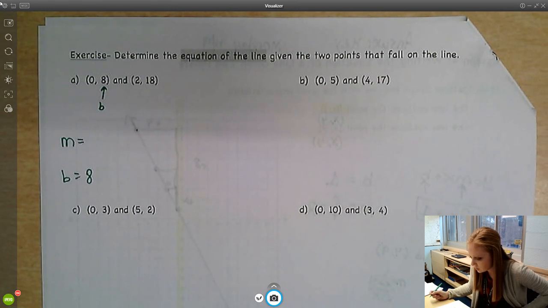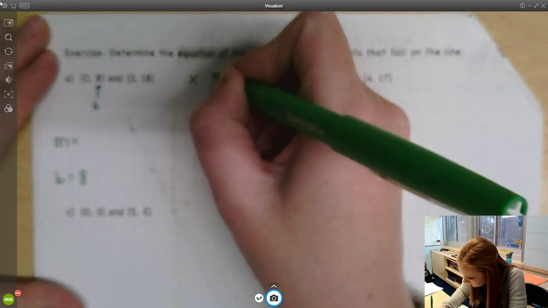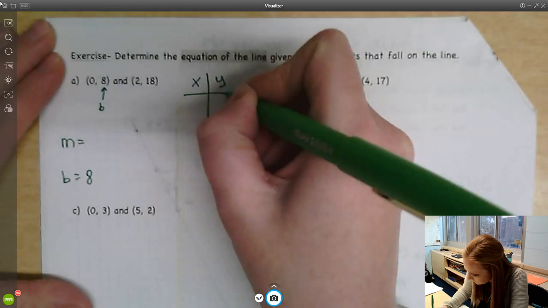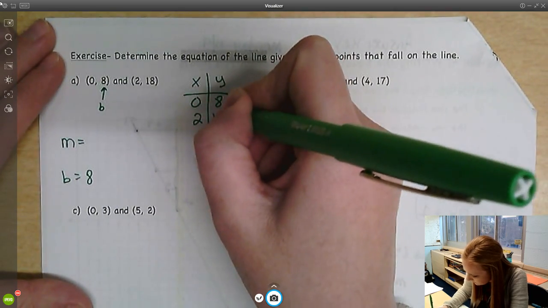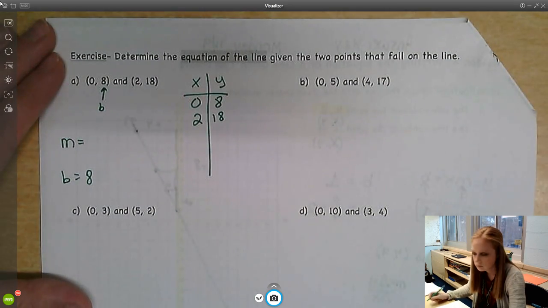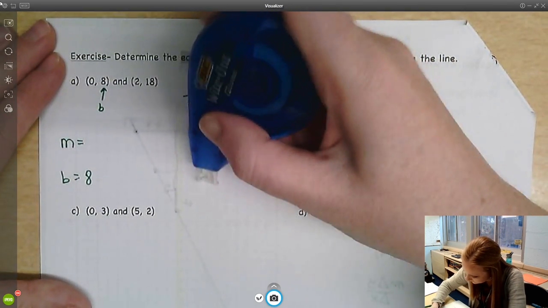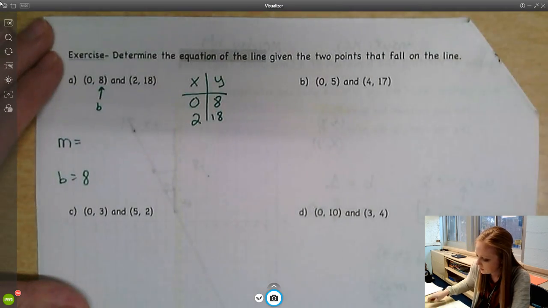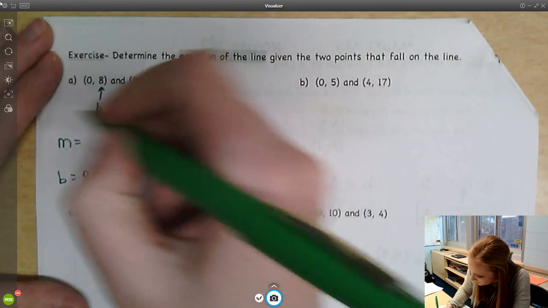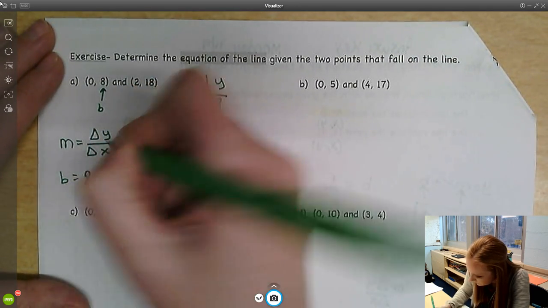So to find slope, we can make a table, where we put our points in, so 0, 8, and 2, 18. I don't know why my table is so long. All right. Change in y over change in x.